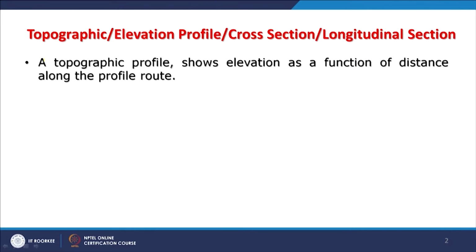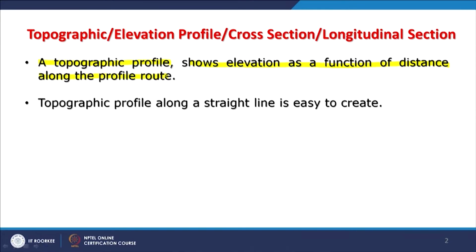A topographic profile shows elevation as a function of distance along the profile route. This route can be a straight line, which is very easy to create, but when it is an arbitrary line, then it is not that easy, especially using topographic maps.